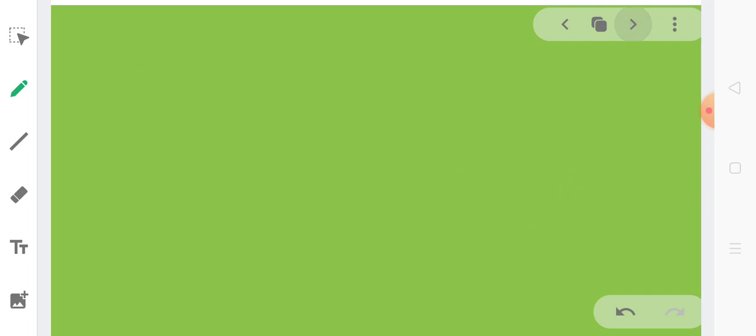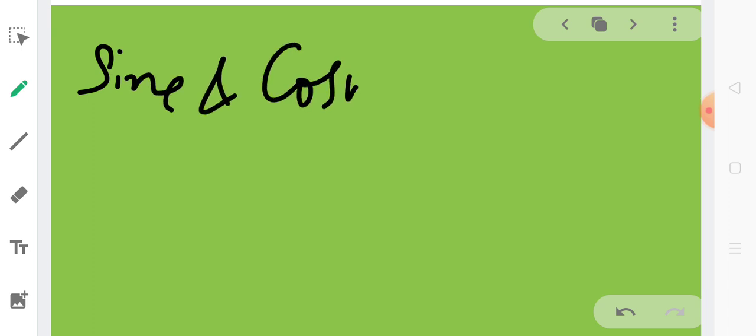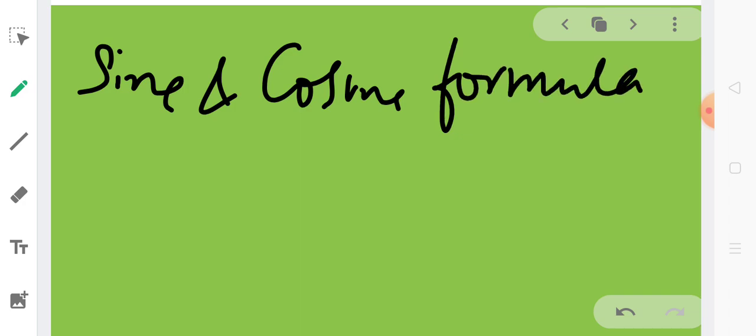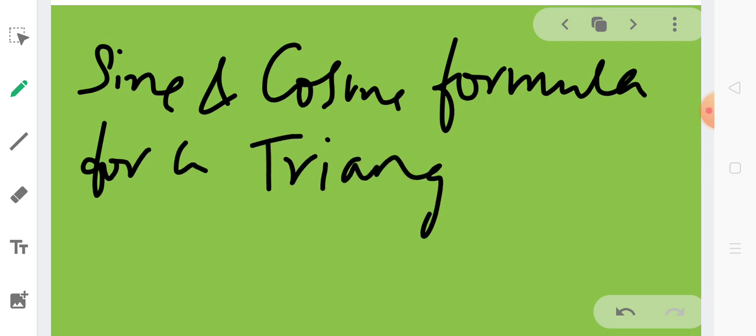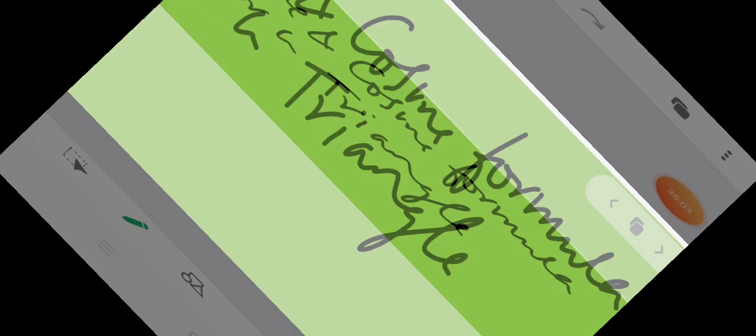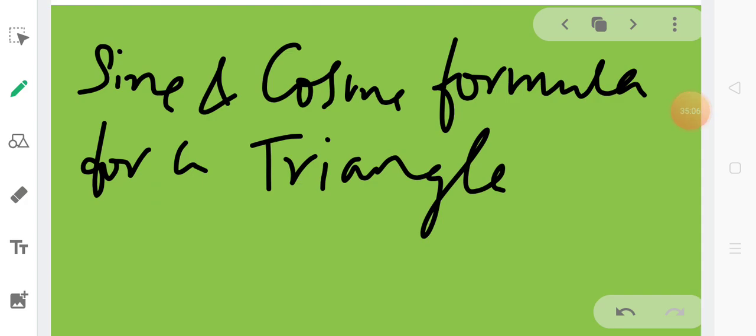Lastly, we will see the sine and cosine formula for a triangle. Okay.